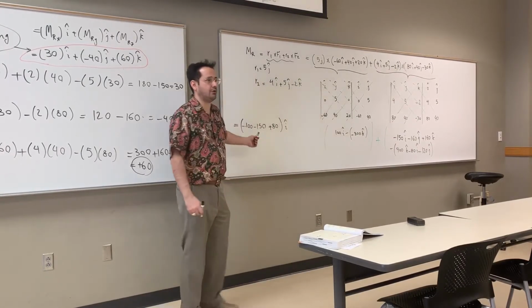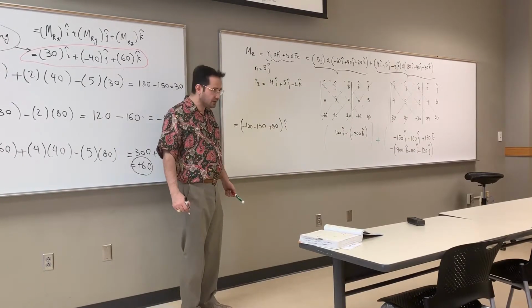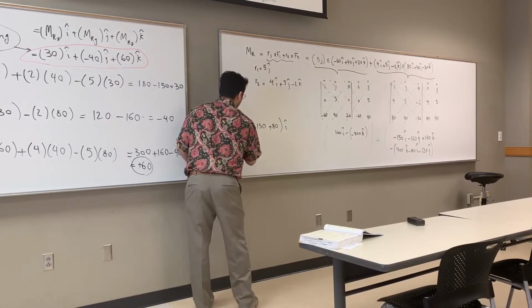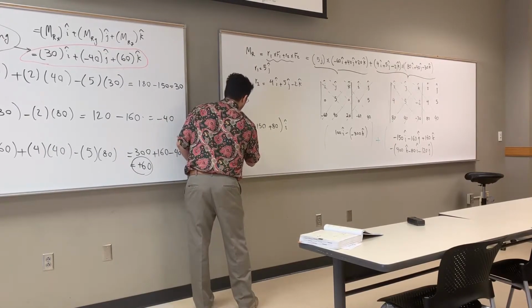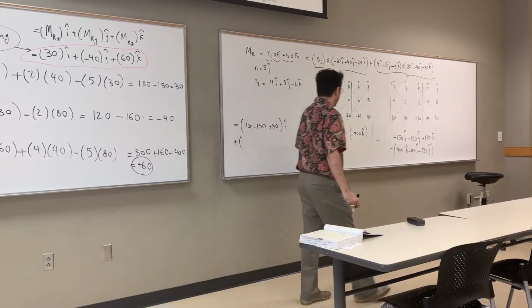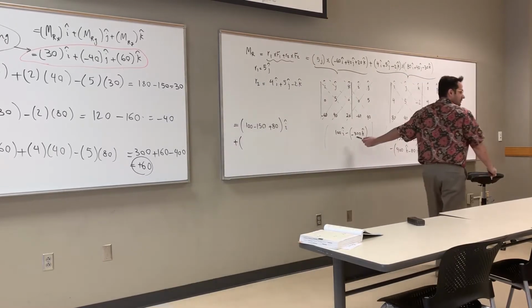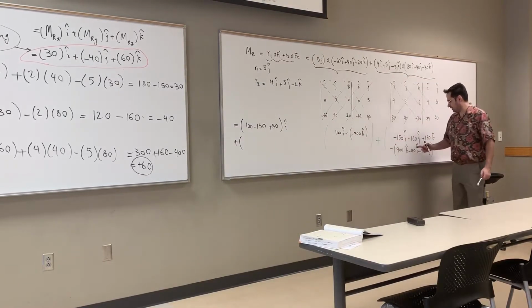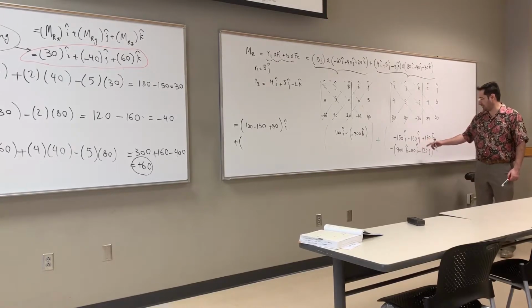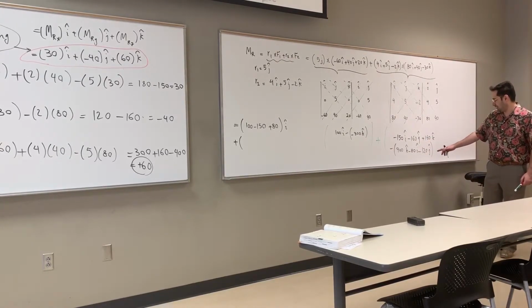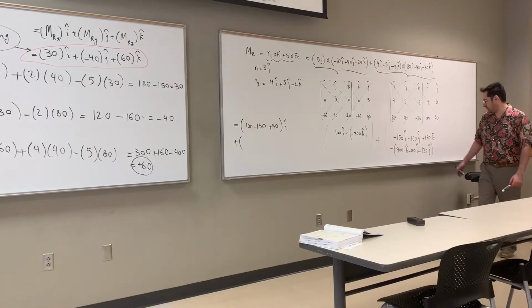So I collected all the coefficients of i. Now let's go to j. The first determinant doesn't have j here. There is a -160, and there is another one, plus 120.